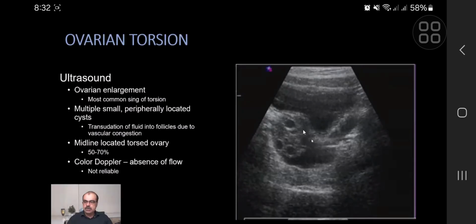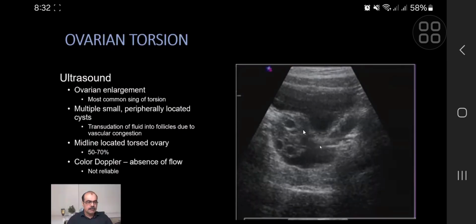So it starts to accumulate fluid within the ovary, and that also results in parenchymal or intrastromal hemorrhages, and you can see a cystic area within the ovary as well. That's an oozing of blood into the parenchyma of the ovary. So in this case, you can see a large ovary and fluid around it.